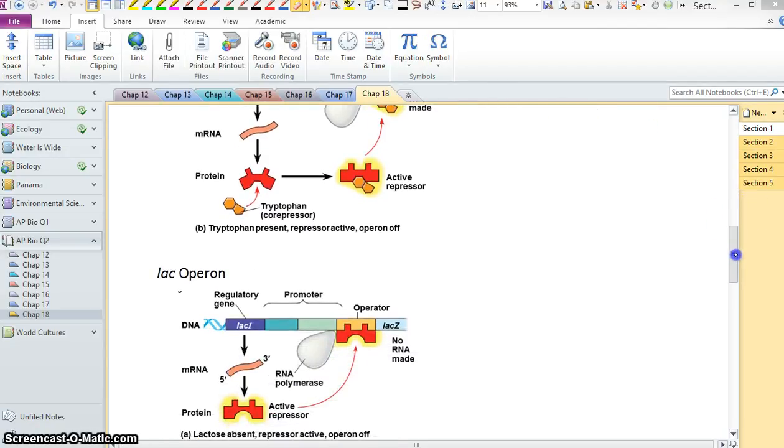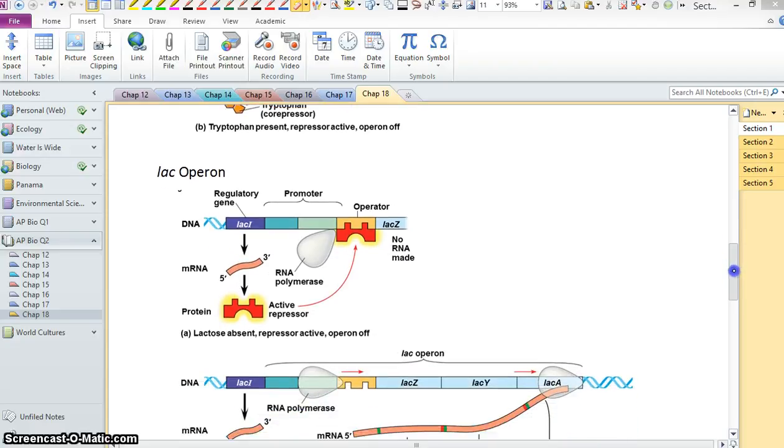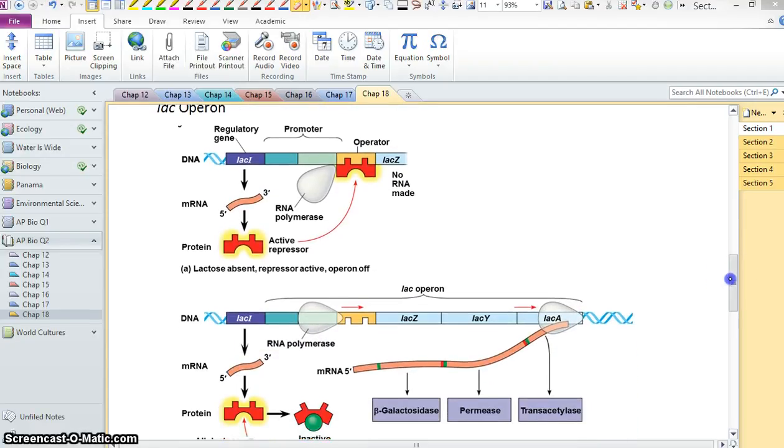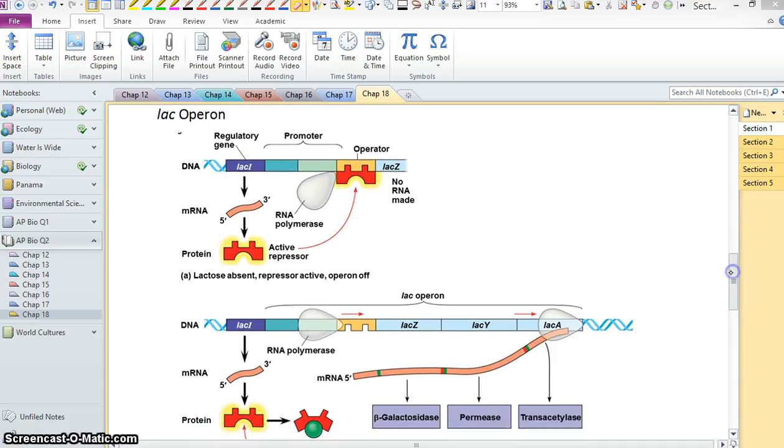Here is what's known as the lac operon, and the lac operon is a series of genes that are responsible for producing proteins that help with the digestion of lactose sugar, milk sugar. And it's known as an inducible operon because the presence of lactose, this compound you're trying to digest, induces the operon, causes it to run.